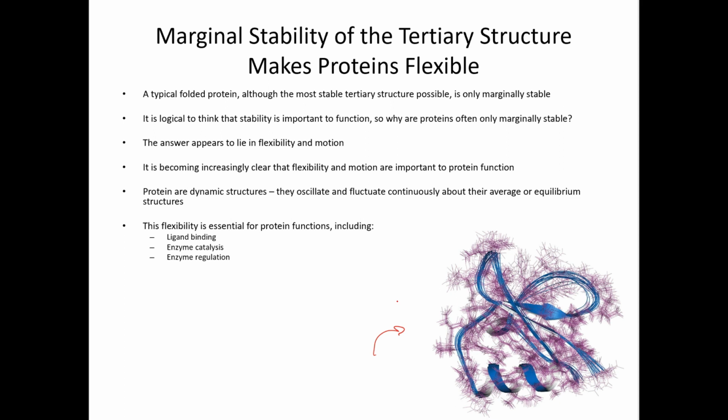There's a lot of flexibility in this system, and this is incredibly important because this flexibility is essential for its function. A stable protein means that it doesn't want to change. Something that's too stable will be too rigid and inflexible.